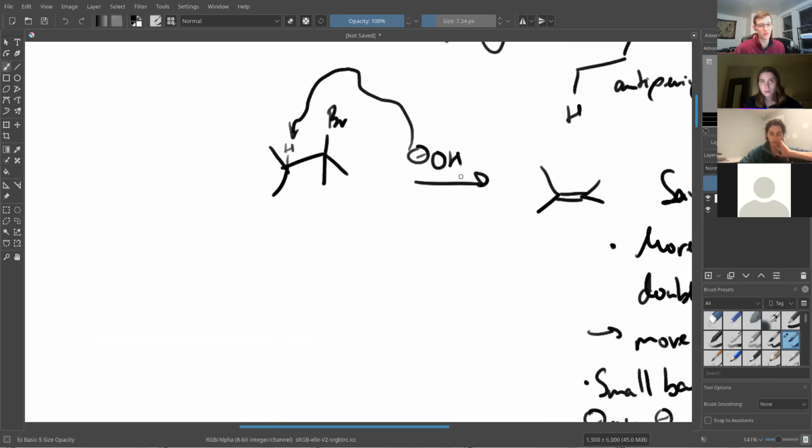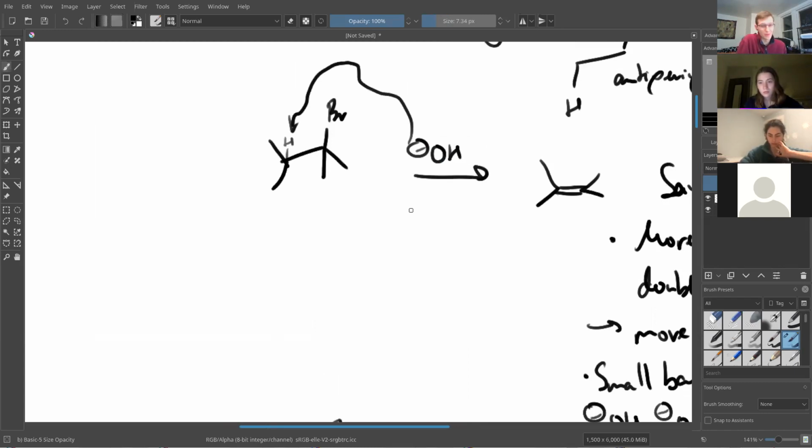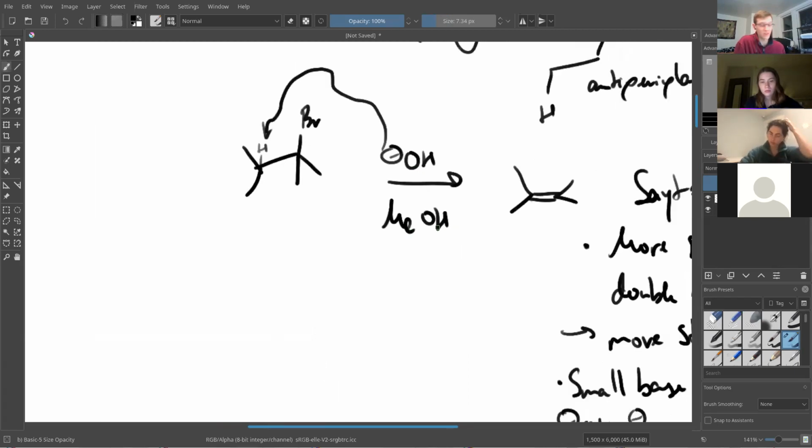It won't dissolve very much at all. So usually you'll have to put it in some kind of protic solvent. For example, here you might use methanol, right? And if you see methanol here, that might tell you this solvent's really bad for SN2, so this might be an E2 reaction instead.